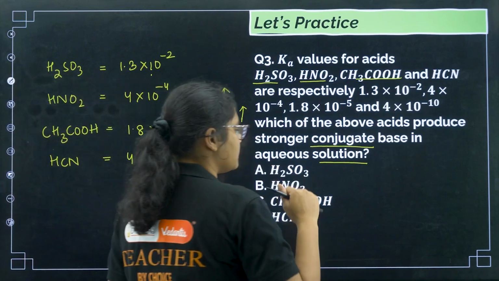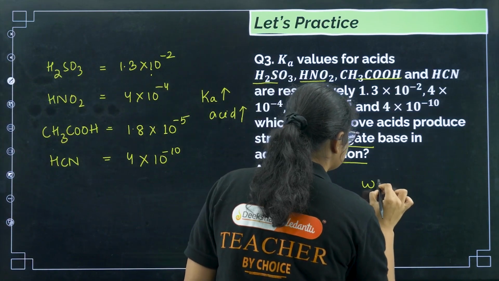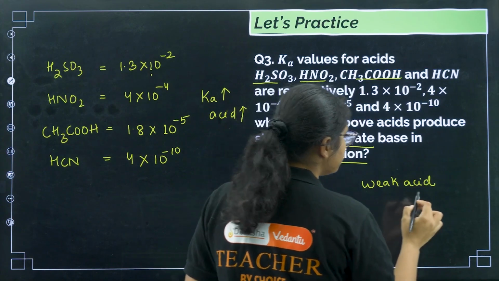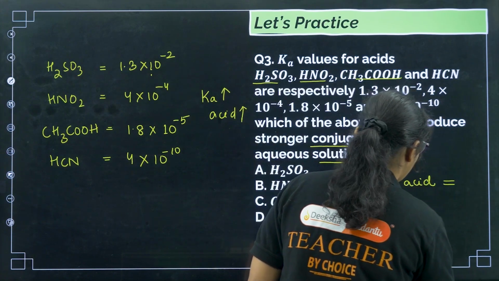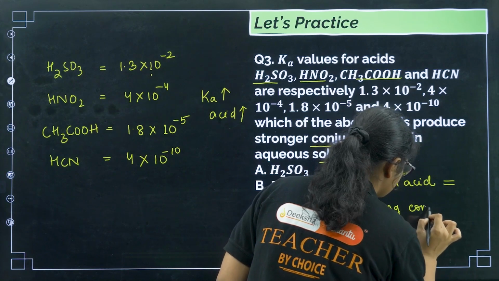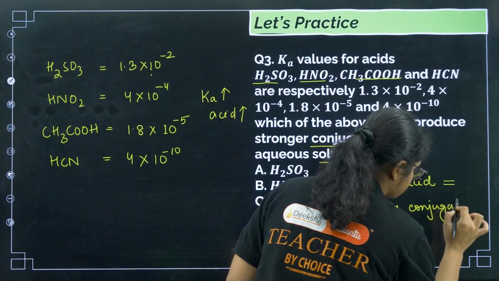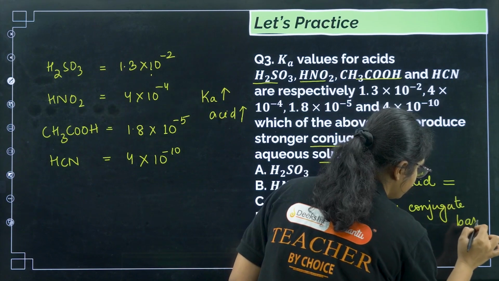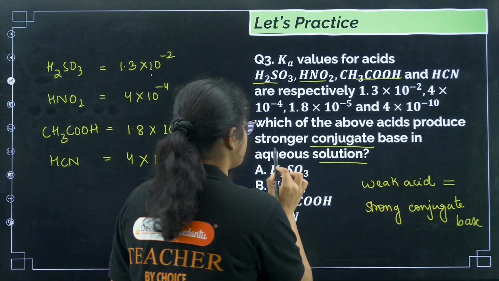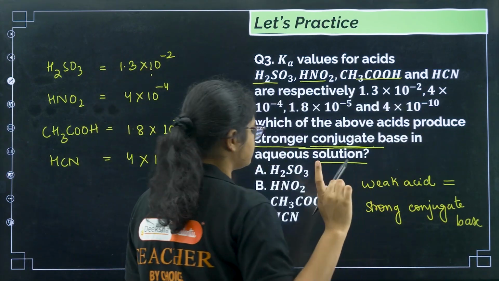Next, if you remember one more concept: a weak acid will have a strong conjugate base. Today's lecture, the first thing that we discussed was this one. Now the question here is to find the strongest conjugate base.